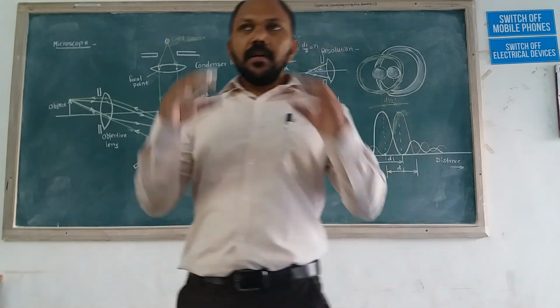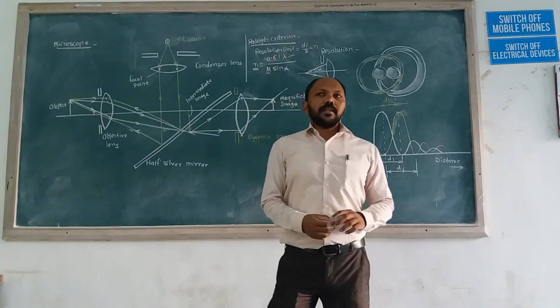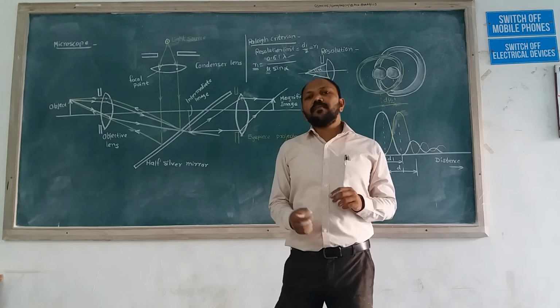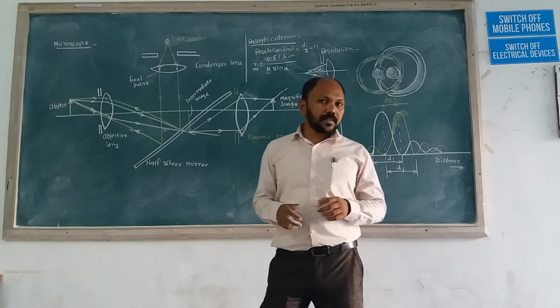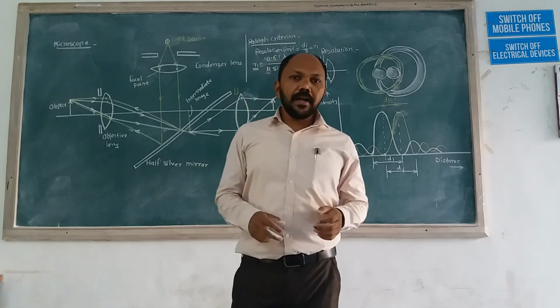If we consider the spectacle, then the spectacle thickness gets higher if the number is higher, that is -2, -3 number, then the thickness of that glass gets very high.